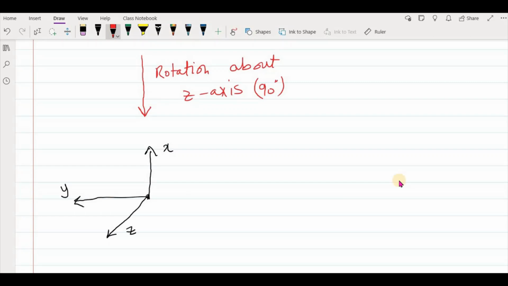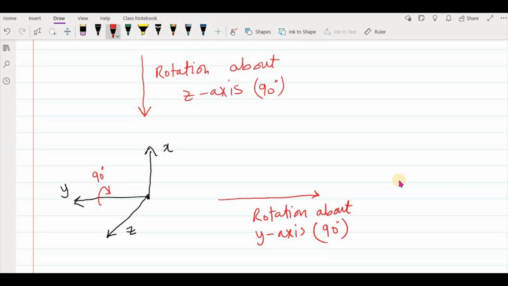So we write down here, we rotated it by a positive angle, and we call it rotation about the y-axis, 90 degrees, and we get this orientation of our frame.